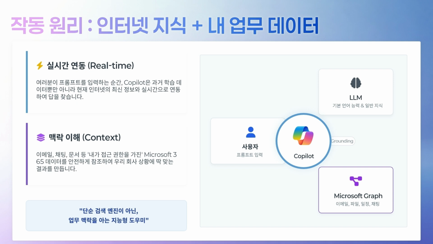In other words, it doesn't just provide user information floating around on the internet, but rather delivers results that are perfectly tailored to our company's situation. This is why we call Copilot a work assistant rather than just a search machine.